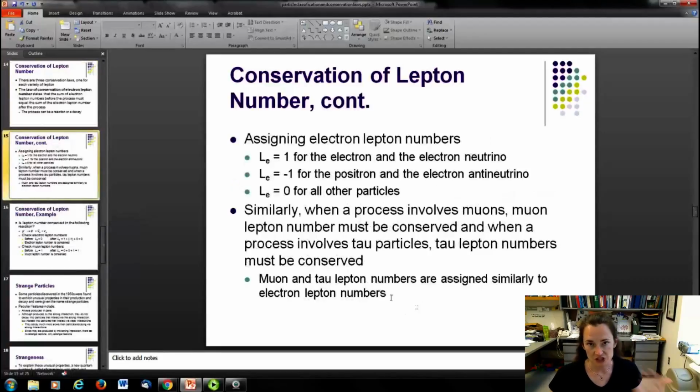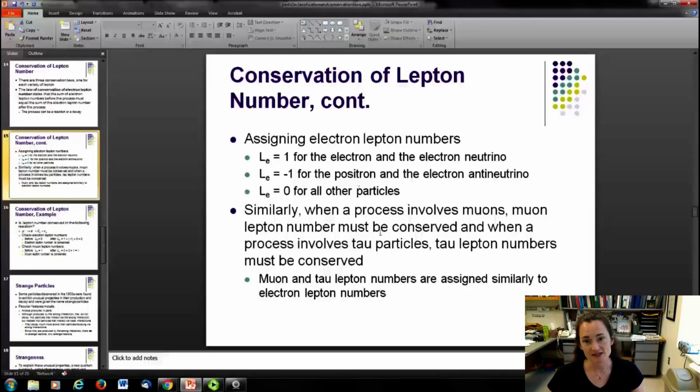I'm going to go with your book's notation for this because at least they put a subscript after it, L sub E, for electron lepton number. So for the electron and the electron neutrino, you have an electron lepton number of 1. For their antiparticles, the positron and the electron antineutrino, your electron lepton number is -1. And then for every other particle in the world, it's 0.